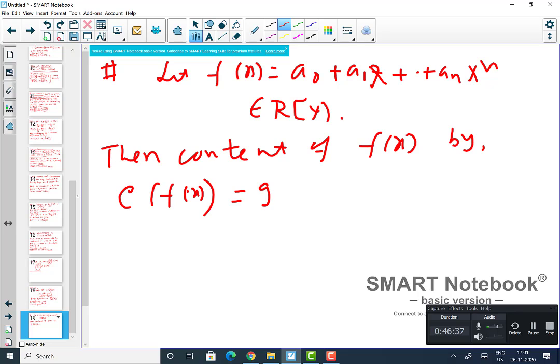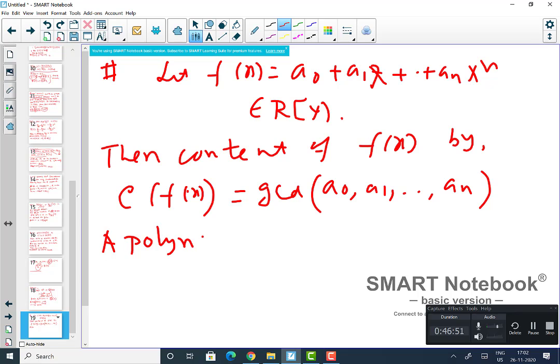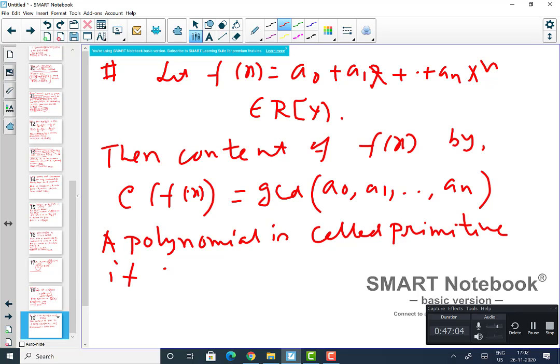This is the GCD, the greatest common divisor, of a0, a1, ..., an. And a polynomial is called primitive if the c of that polynomial is 1. That means the GCD of all those coefficients is 1. Then it's called a primitive polynomial.